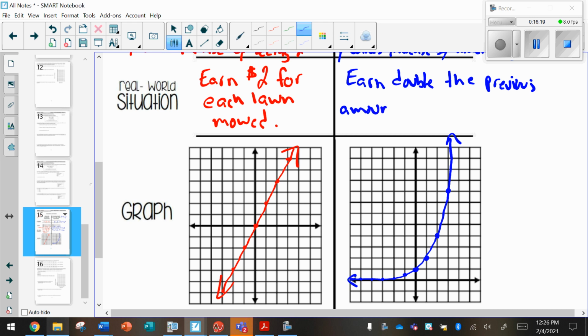That means we are multiplying times 2. So doubling the value means you're multiplying times 2. So if I mowed and got $2 for the first lawn, I'm going to get $4 for the next lawn, and then $8 for the next lawn, and then 16 after that, and then 32 after that, and so on and so forth. So depending on the situation, one definitely has an advantage over the other.